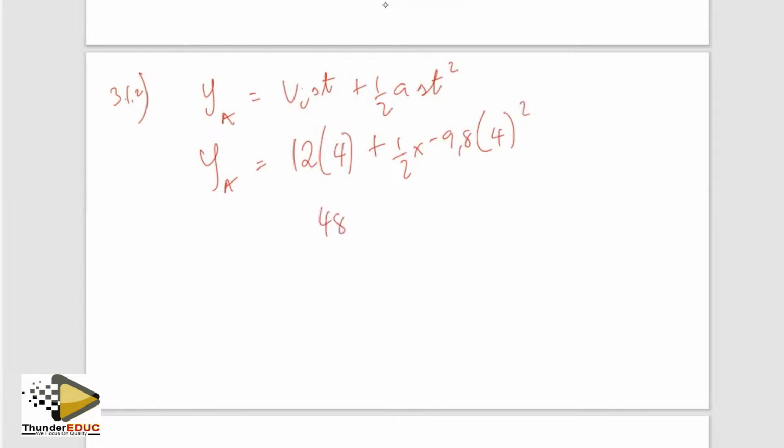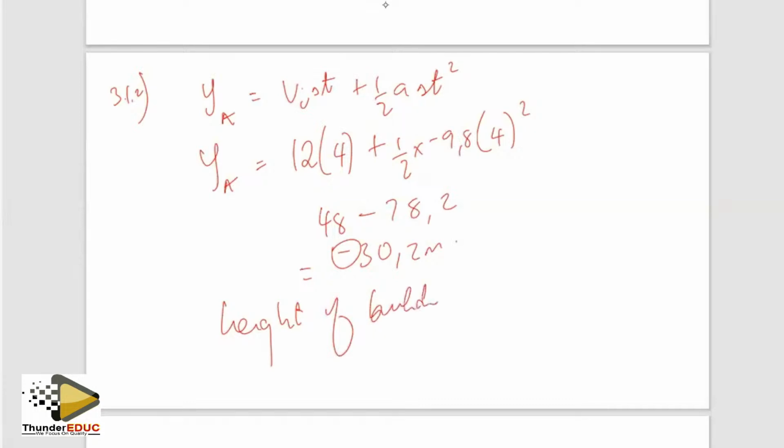That is 48 plus 0.5 times 9.8 times 16, which gives me negative 78.4. When I subtract that, I'm going to end up with negative 30.4 meters. Since the displacement is below the point of projection, that's why we're having the negative sign. So the height of the building Z is 30.4 meters.